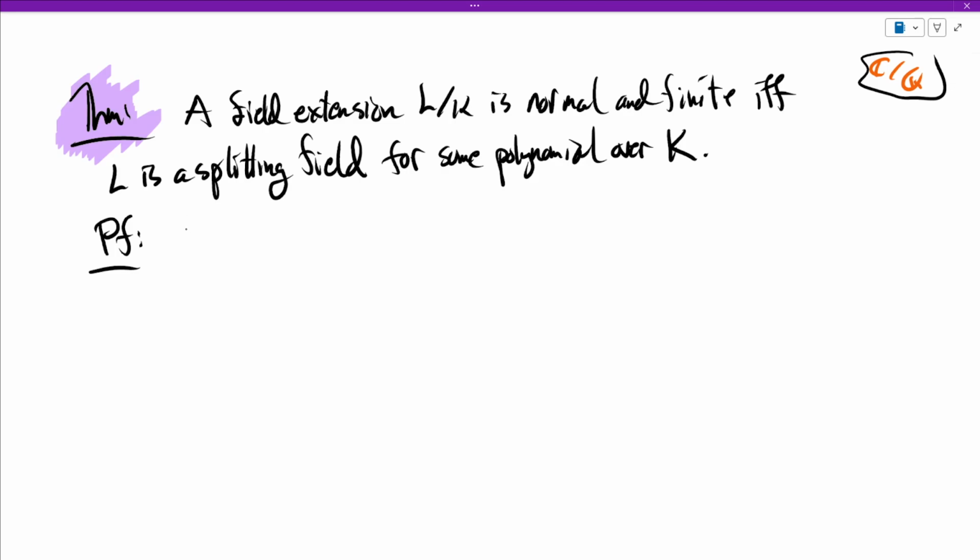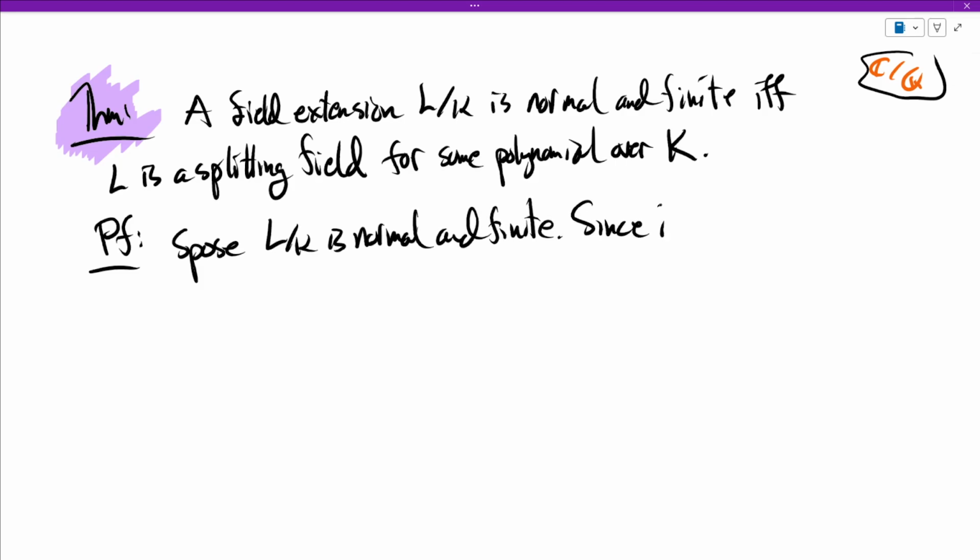So proof. Suppose for the forward direction, L over K is normal and finite. Since it's finite, it must be obtained from K by adding finitely many algebraic elements.